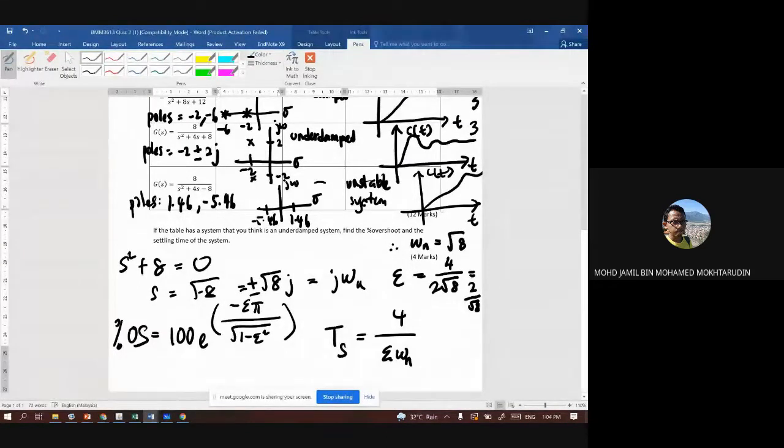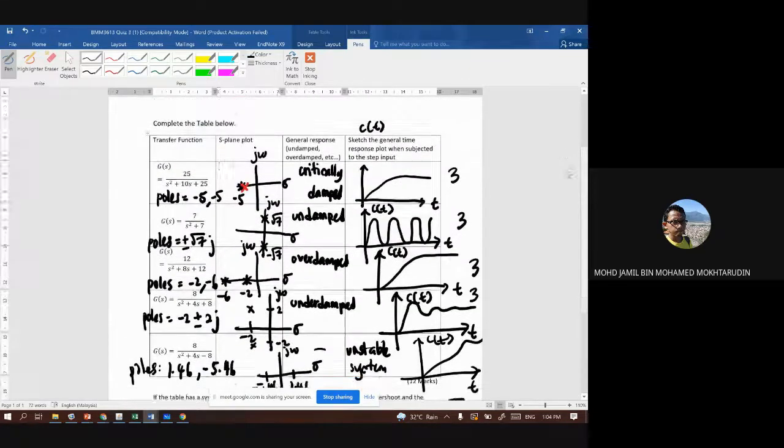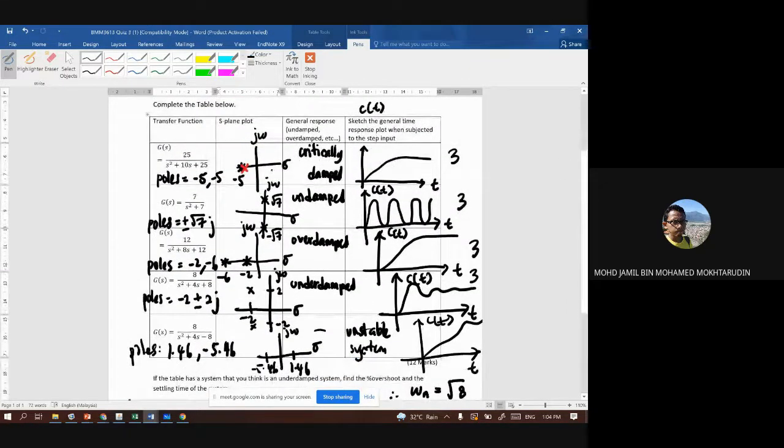If you have all of these, omega n, damping ratio, percent overshoot, and Ts, you get 4 marks. For this question, if you think you deserve more marks, please contact Cik Rosmazi.